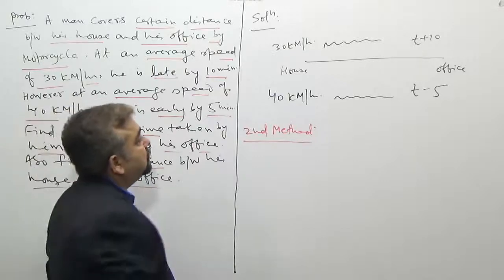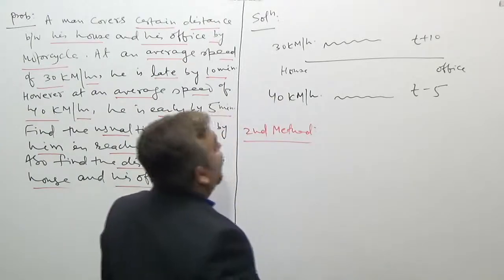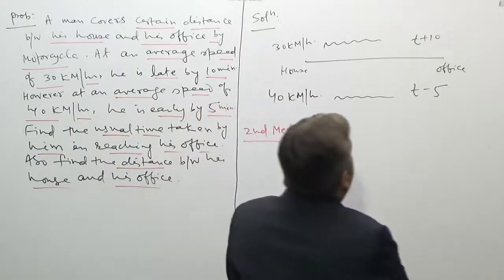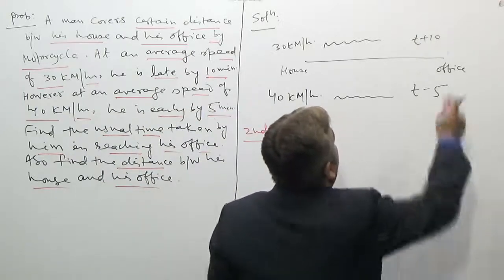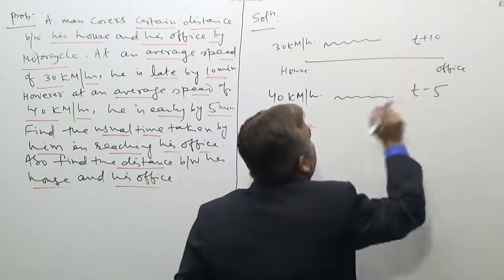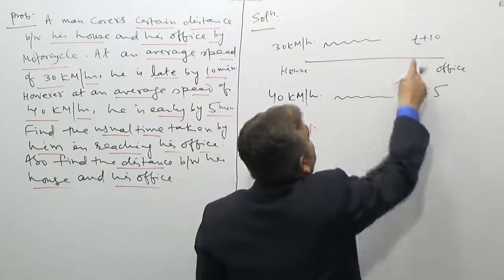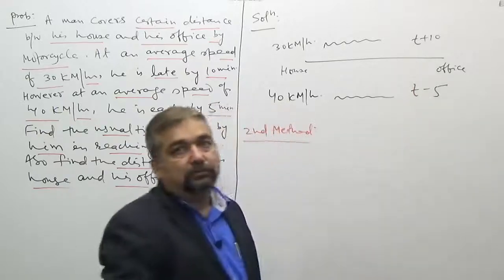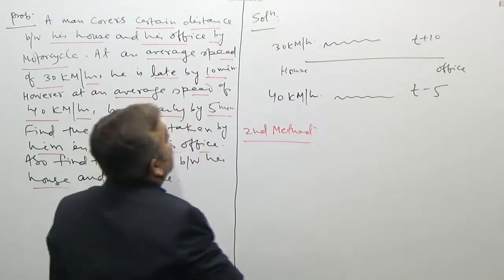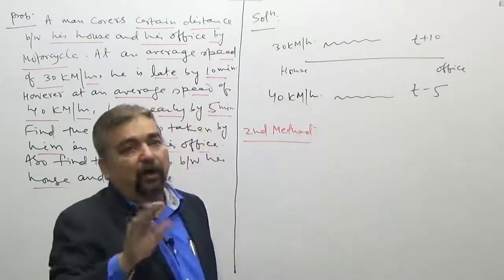See, what we can do. First of all, tell me the difference of time between these two timings. 15 minutes. Difference between timing is what? 15 minutes. Now, consider some distance between his house and office.